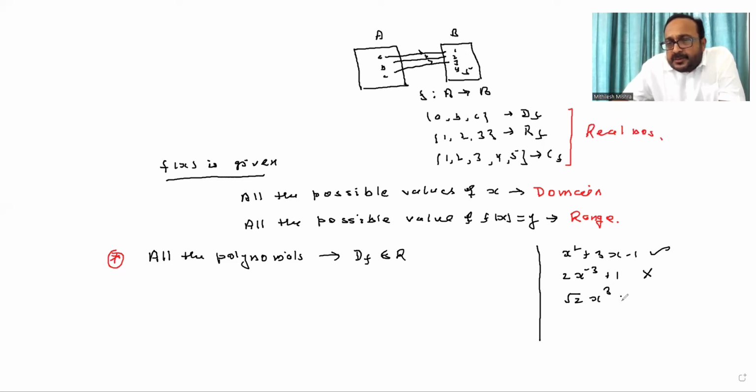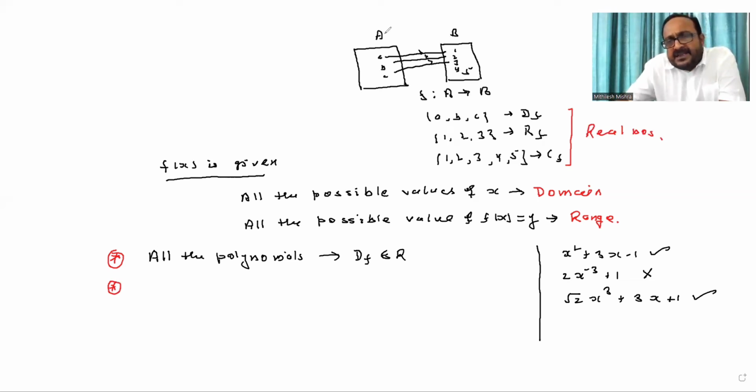Root 2 x cubed plus 3x plus 1 is a polynomial because the power of x is 3, and 1. Root 2 is not the variable term. It is an arbitrary constant. So the constant may be a fraction, or any real number. So remember always that if you see in any question that it is a polynomial, the domain will be the real numbers.